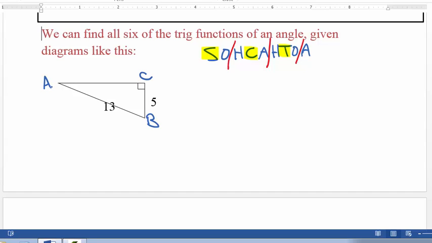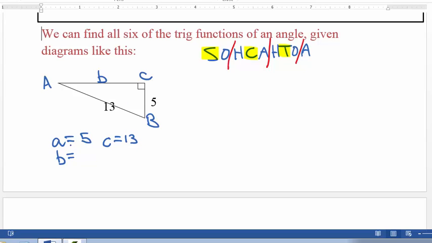So if I'm labeling this triangle like this, that means little side a is opposite angle A, so it's 5. Little side b is the thing that I don't know, which I'm going to try to find first. And then, of course, c, which is the hypotenuse opposite the right angle, is 13.